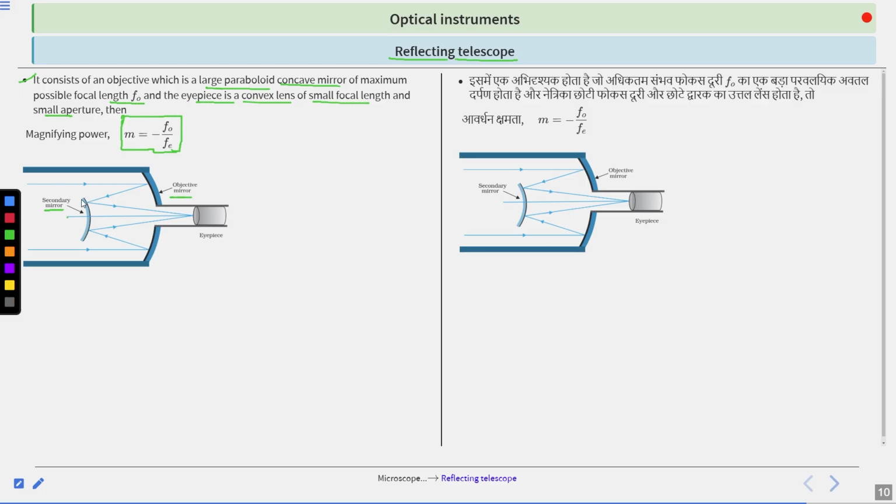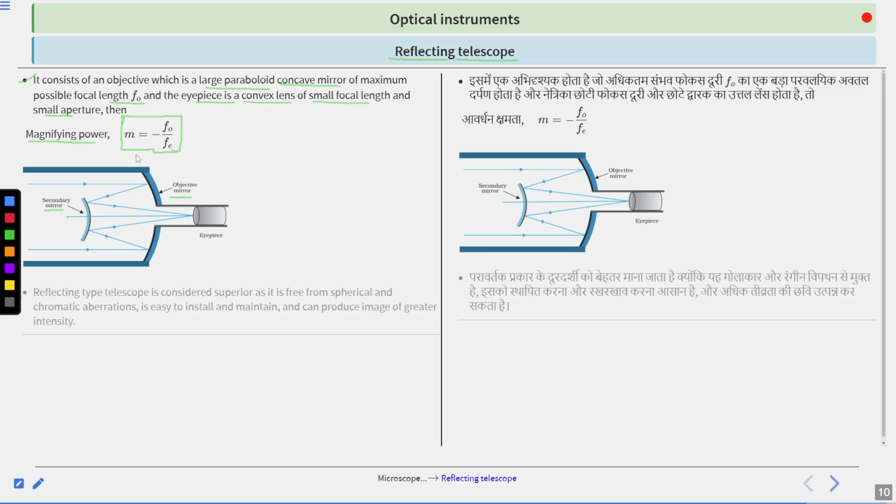That secondary mirror reflects the ray of light to the focal point of the eyepiece. Clear? So there are two mirrors, objective mirror and secondary mirror, and both mirrors are important for the reflecting telescope. And the formula is m is equal to minus fo divided by fe. This is the magnifying power. I hope this is all clear.